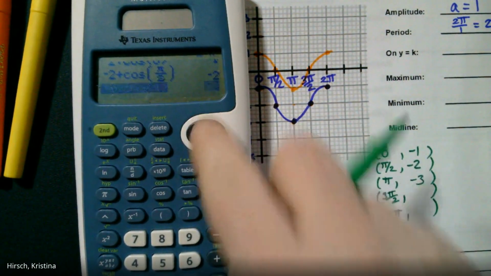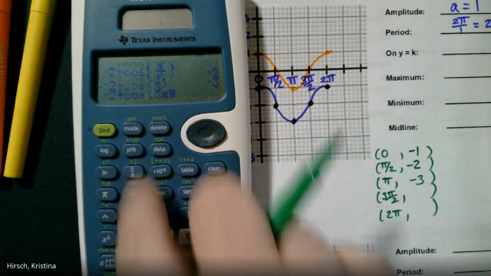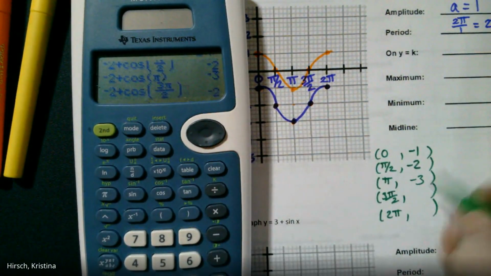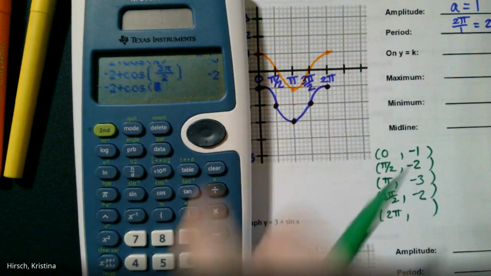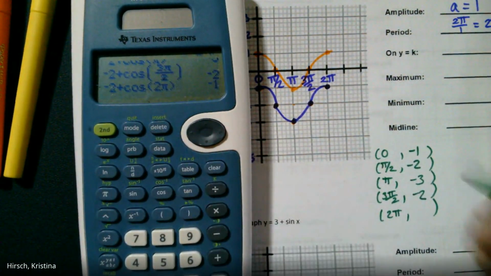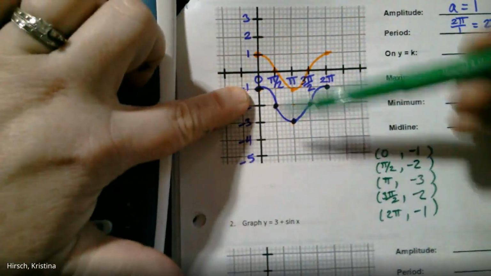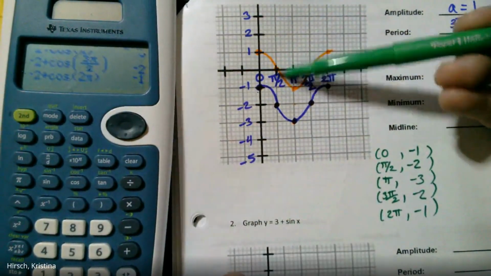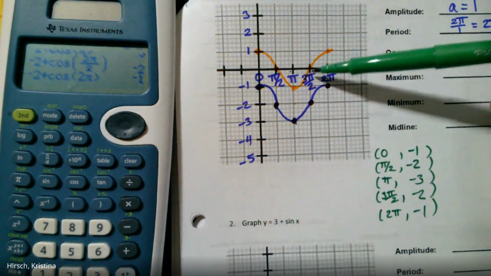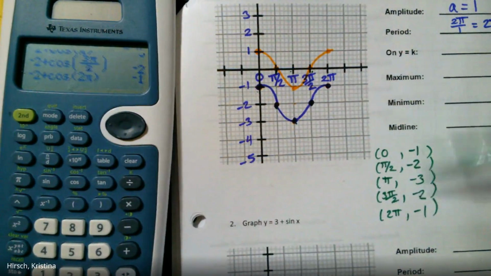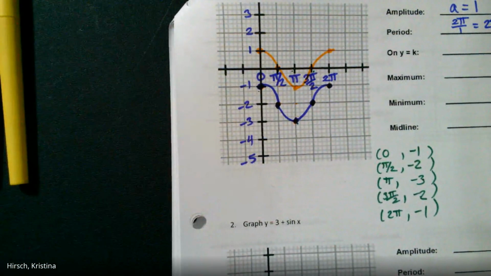Again with 3 pi over 2: -2. Again with 2 pi, and I got -1. So 0, -1, check. Pi over 2, -2, check. Pi, -3, check. 3 pi over 2, -2, check. 2 pi, -1, check.